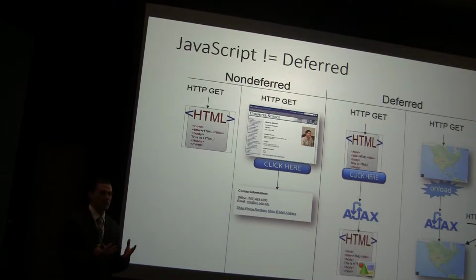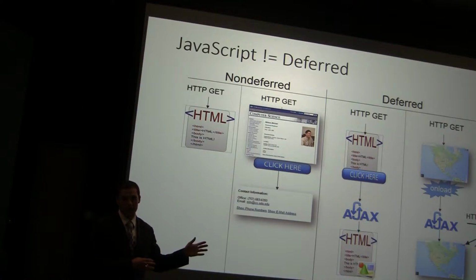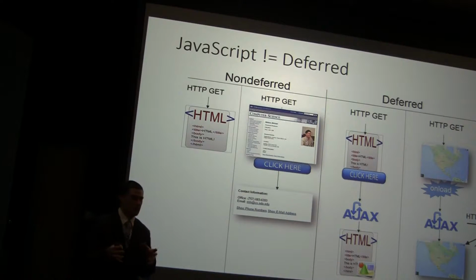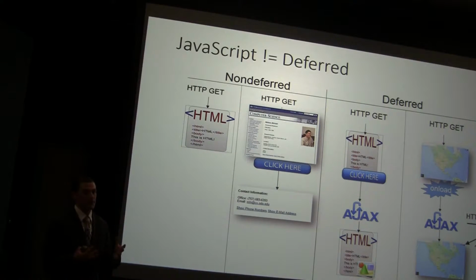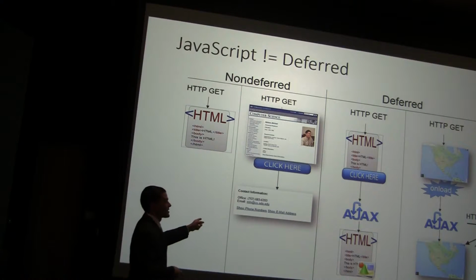And if we click those, JavaScript is changing the local representation, but it is not issuing additional HTTP requests for this information. That's because all of that information is stored locally on our browser before we click that button, and therefore it doesn't need any new information in order to reveal his phone number and email address.